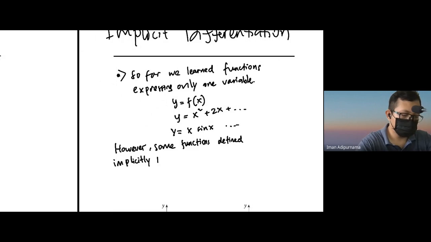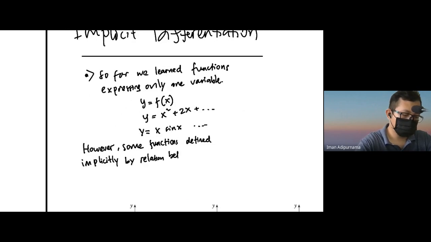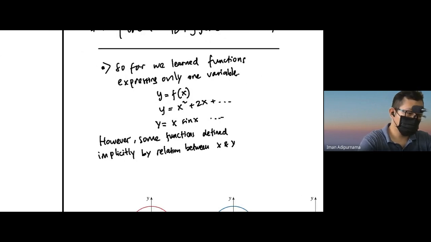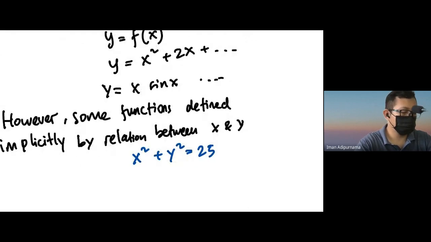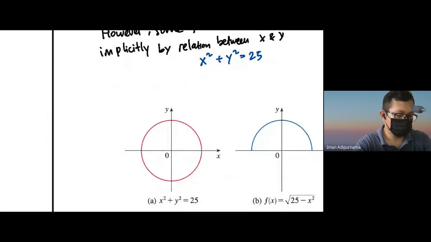Implicitly by a relation between x and y. The easy example is the circle. Now you have x squared and also y squared, and then you have the whole circle like this, right?